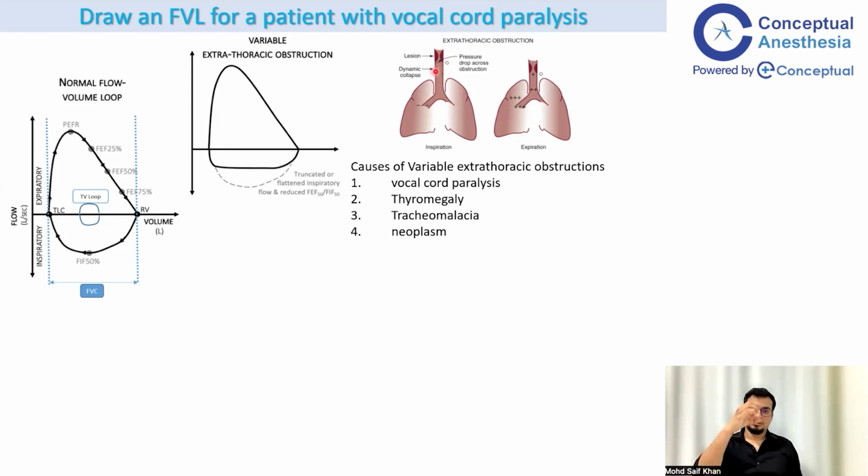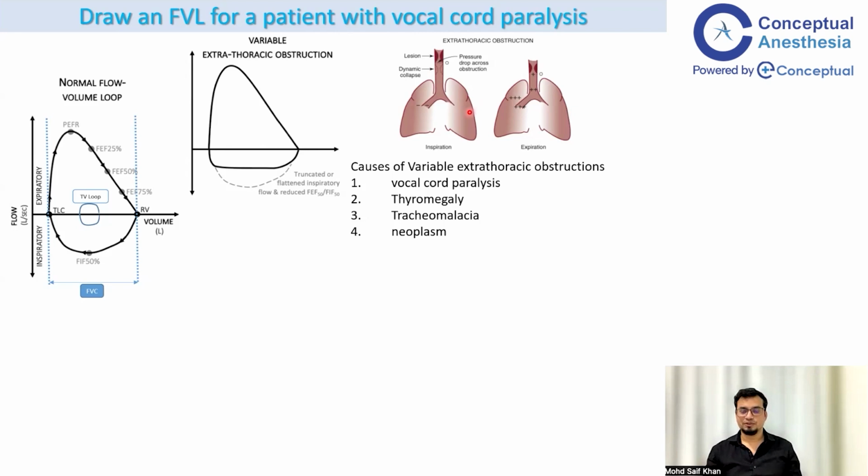The opening is narrowed due to obstruction. So the flow when you are inspiring will be initially faster, and post obstruction there will be a drop in the pressure, and that pressure drop will cause the collapse of the airway. Okay, so this will be a variable collapse of the airway.